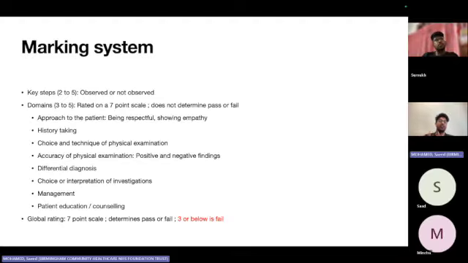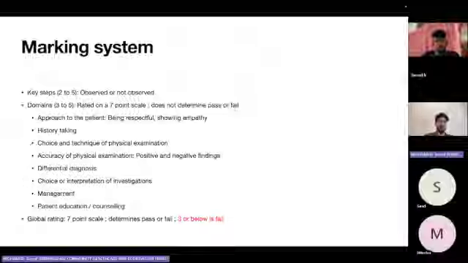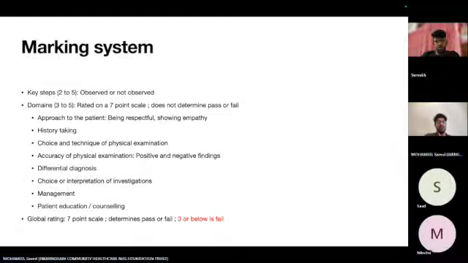Then they will have domains. This also ranges from around 3 to 5 domains, where they judge you on that particular domain on a 7 point scale, from 0 to 7. Some of these domains include approach to the patient, which means whether you are being respectful to the patient and showing empathy.